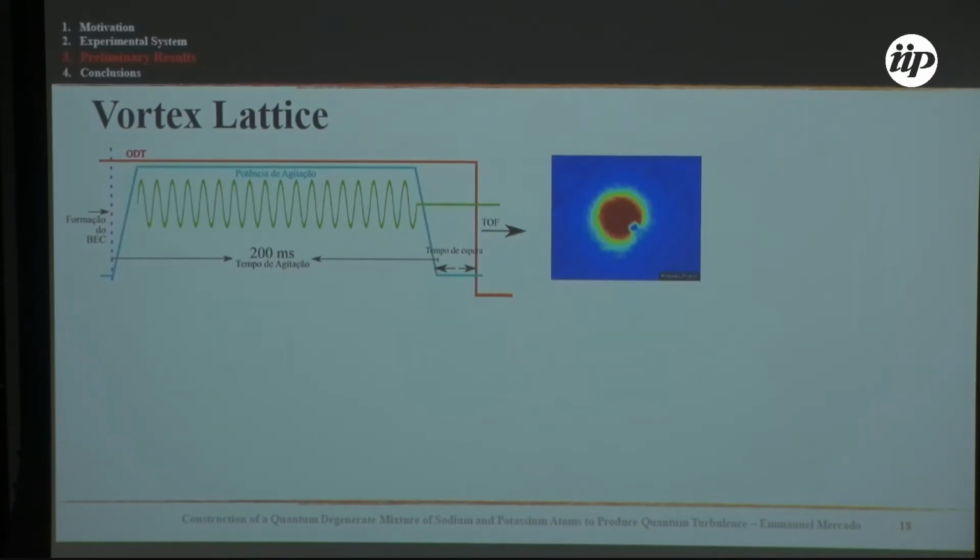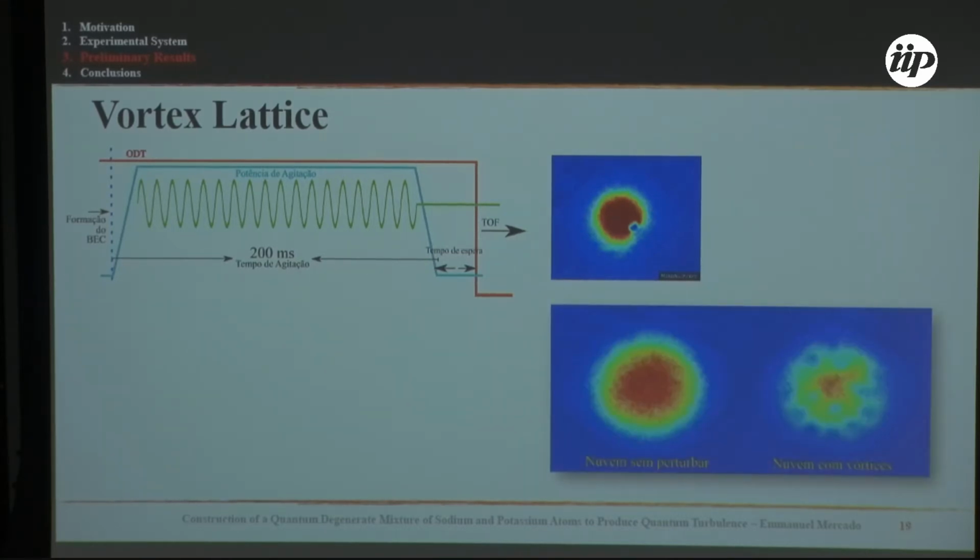This is the experimental sequence in which we produce our vortex lattice. So we have our BEC in the optical dipole trap waiting, and we turn this on. This is supposed to rotate around the BEC like this, stirring, and we release the cloud after some milliseconds, and we can see the difference between putting an excitation on the cloud and putting nothing.